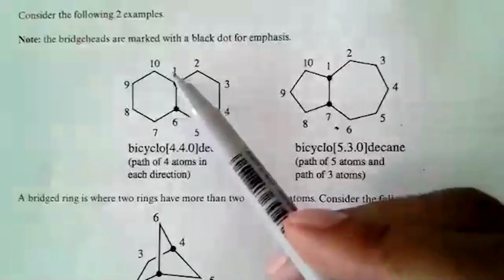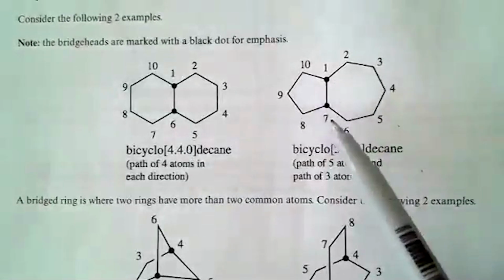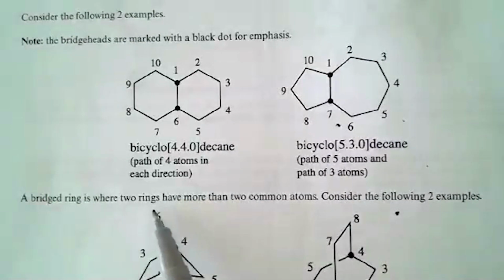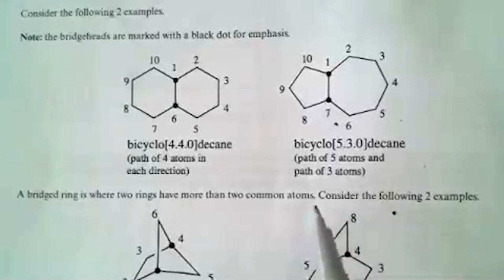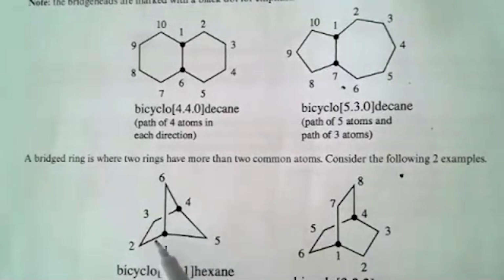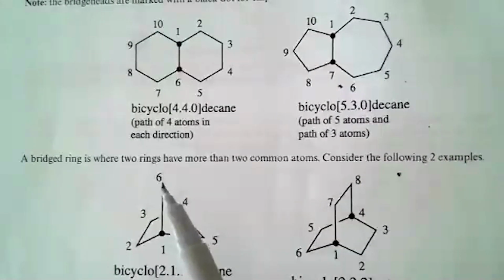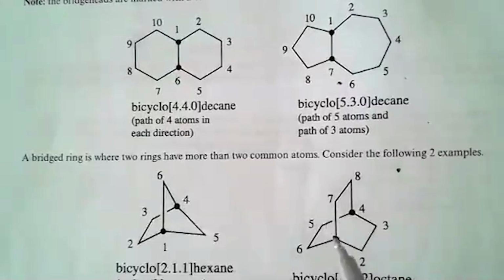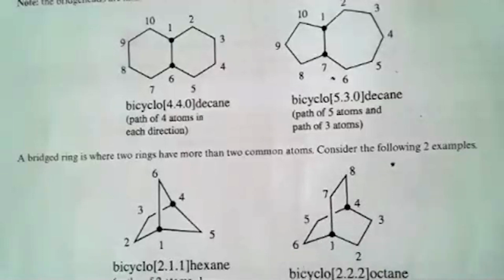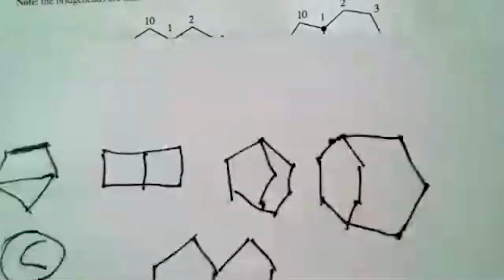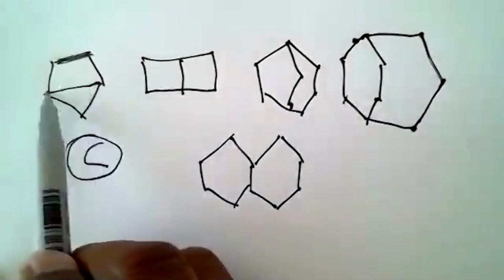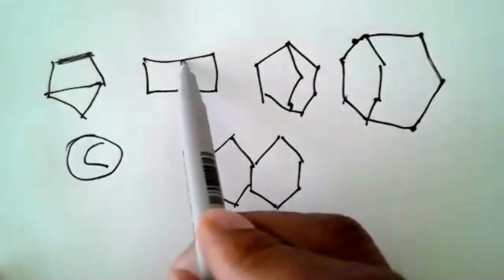One is fused, so this is fused, and the other is a bridged ring, where 2 rings have more than 2 common atoms. You see, it has one common atom between these 2 rings, and it also has this 3rd common atom. This one has 1, 2, 3, 4 common atoms between the 2 rings. So that's the difference. When we look at these, only 2 common atoms, this and this, only 2, this and this.